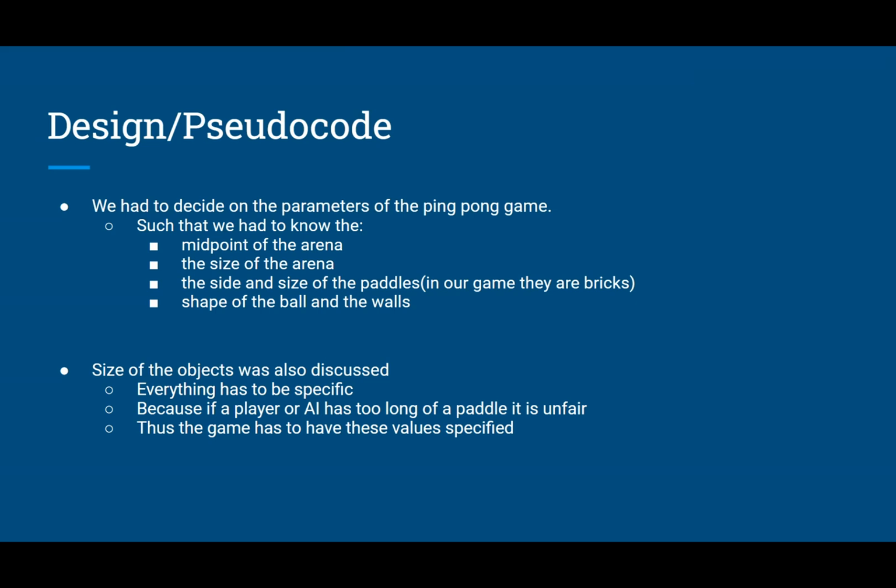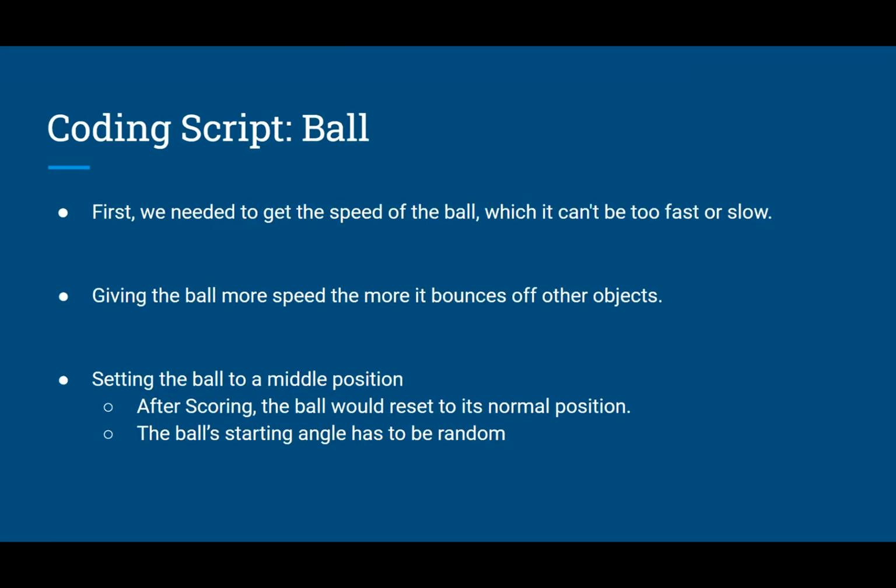So we had to decide on the fairness of this, and make sure the sizes were appropriate. First we had to do the coding script for the ball. The speed of the ball couldn't be too fast or too slow, because then you would have rapid fire games, or it would be really slow and take forever, which is something we didn't want.